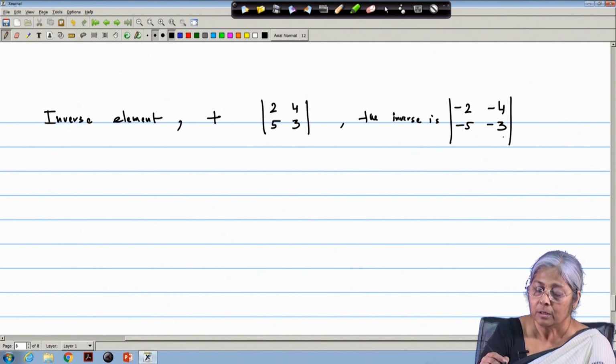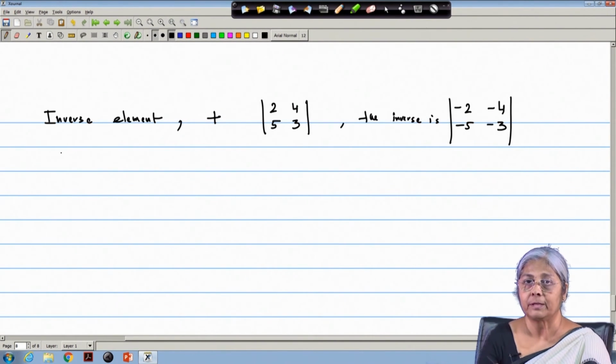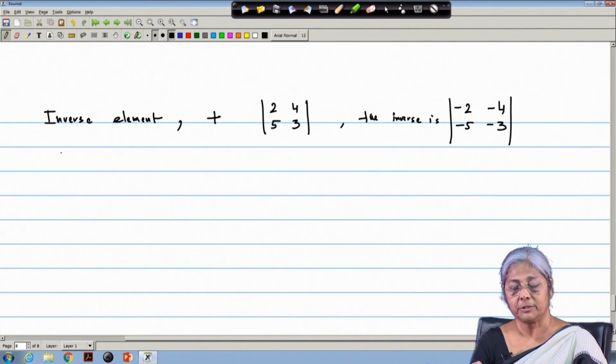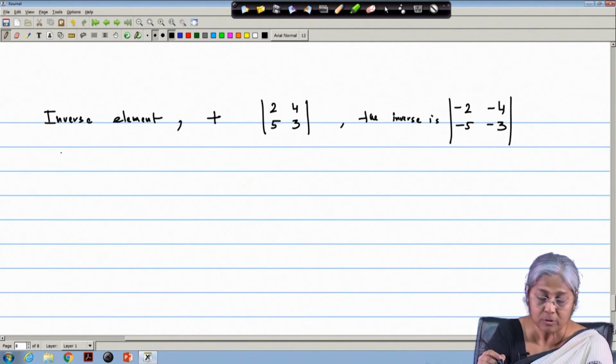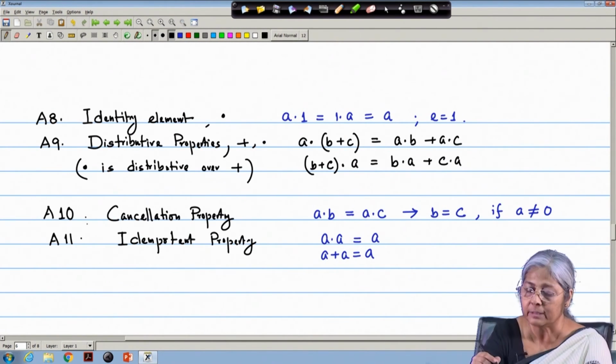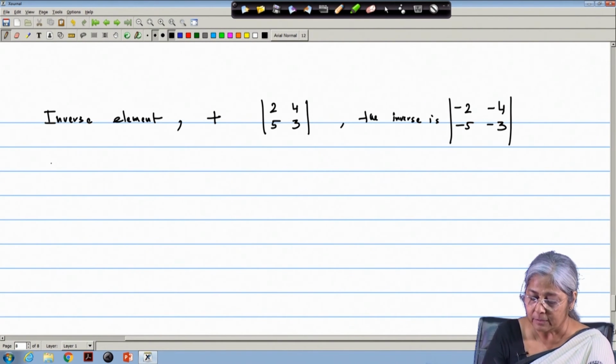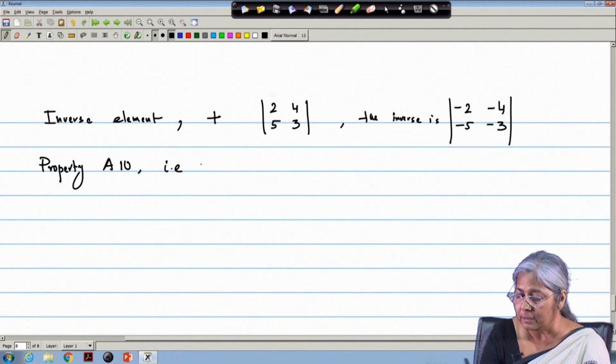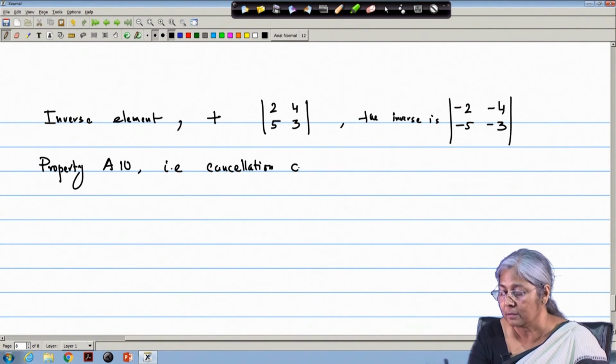Now, in this way we can see that it is commutative under addition and multiplication, but only the cancellation does not hold. Cancellation means our property A10. Why? That property A10, that is cancellation, does not hold.